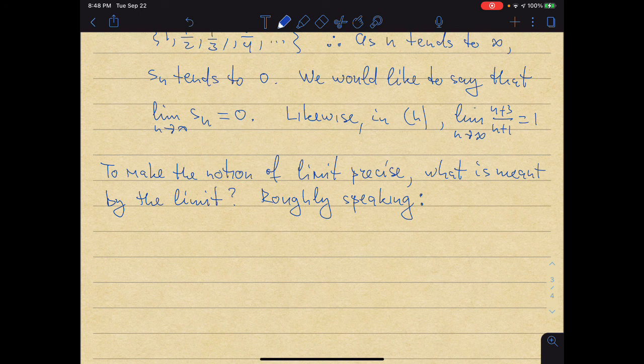Similarly, if I'm saying that the limit of n plus 3 over n plus 1 as n goes to infinity is 1, what do I mean by this? I mean that I can make n plus 3 over n plus 1 as close to 1 as I wish, as long as I take n sufficiently big. So let's actually write this down.